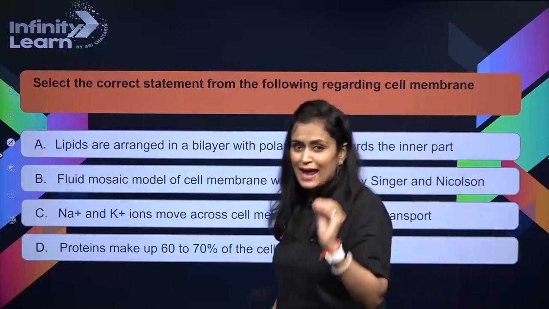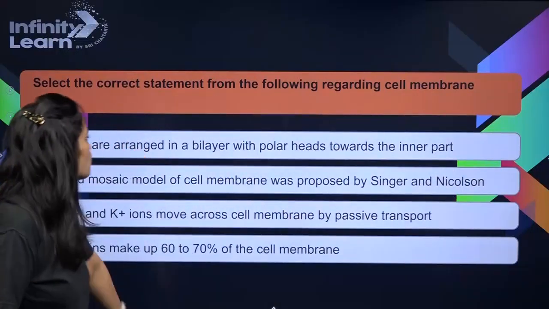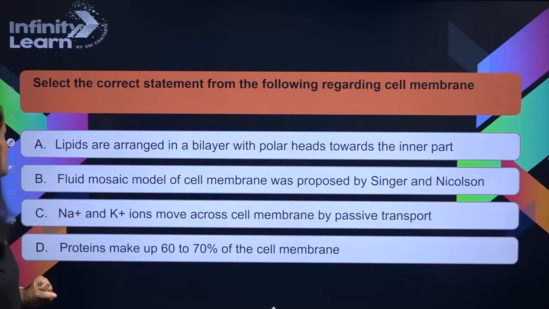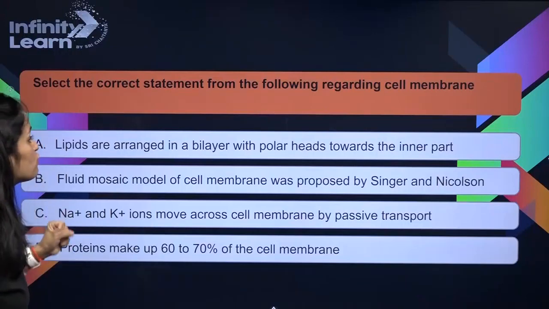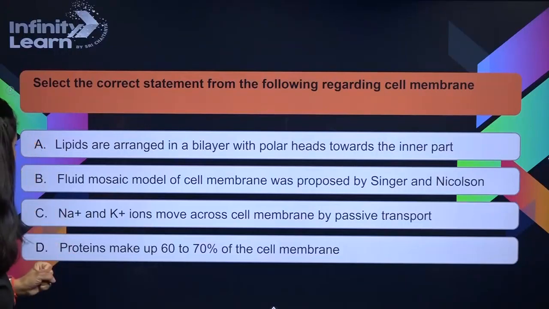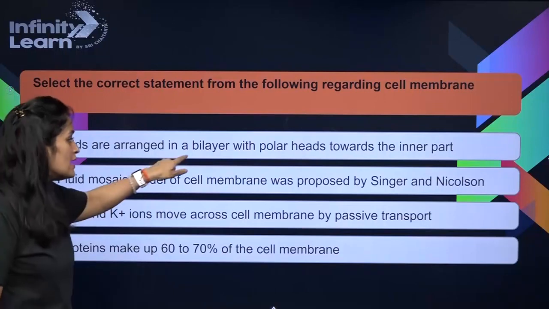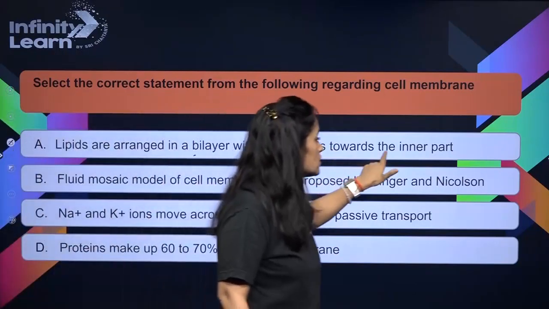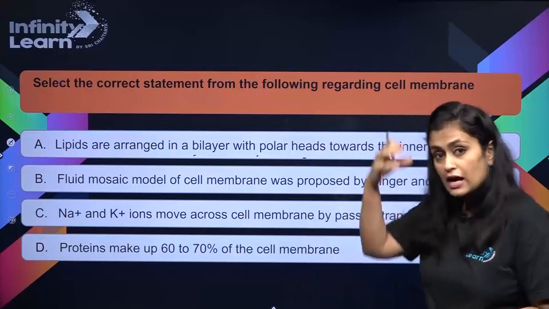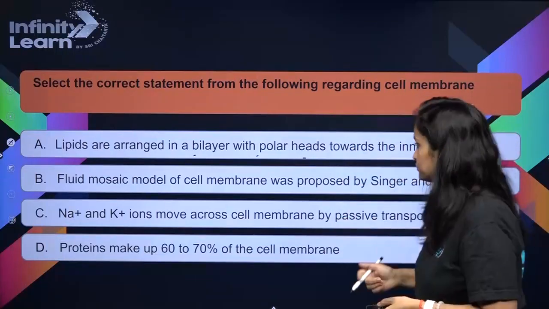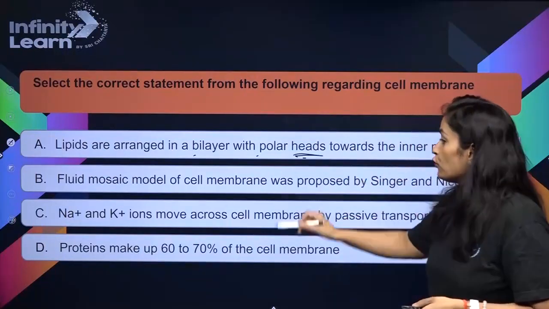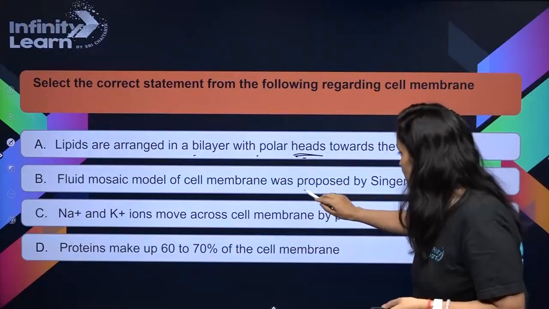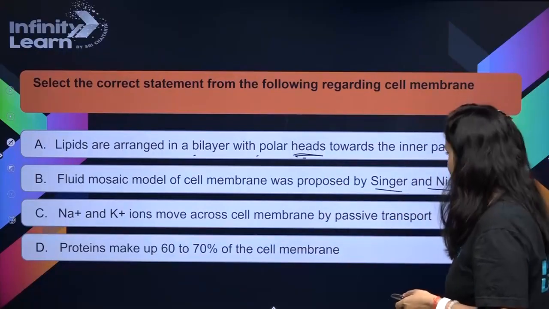Now, my 9th graders, can you solve this question? Let's see. Select the correct statement from the following regarding cell membrane. Lipids are arranged in a bilayer with polar heads towards the inner part. Then, fluid mosaic model of cell membrane was proposed by Singer and Nicholson.